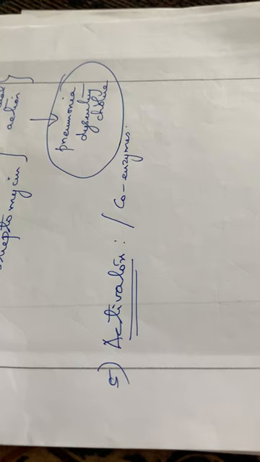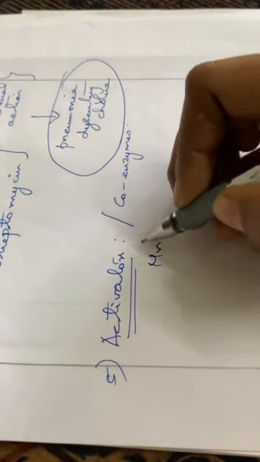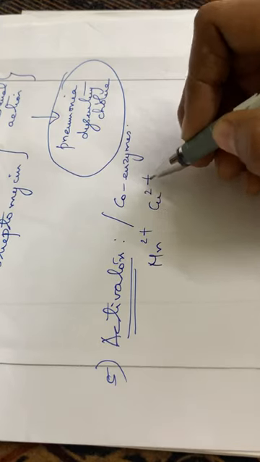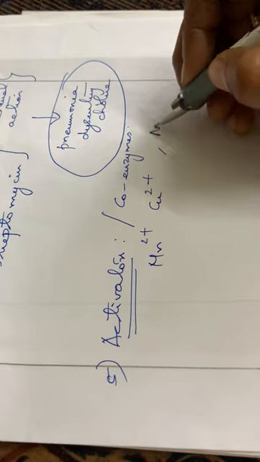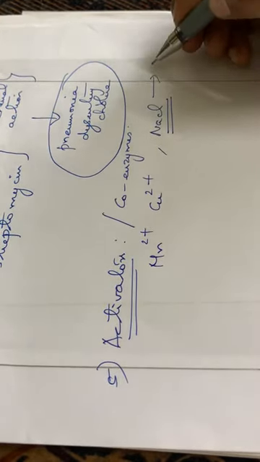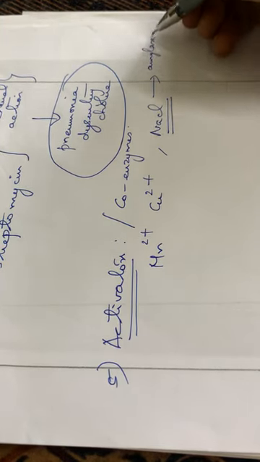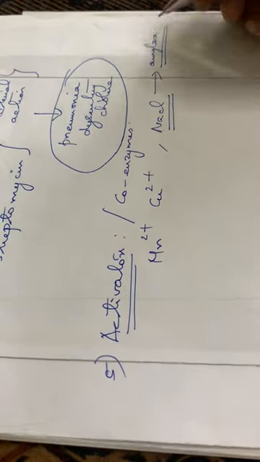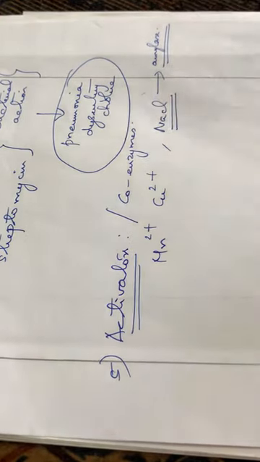These coenzymes or activators are metal ions like Mn2 plus, Cu2 plus, etc., which promote the catalytic action. Also NaCl sometimes enhances the catalytic action. Na plus enhances the catalytic action of the enzyme amylase. These enzymes are specific, and here sodium chloride or Na plus enhances the catalytic activity of amylase, so it can be called a coenzyme.